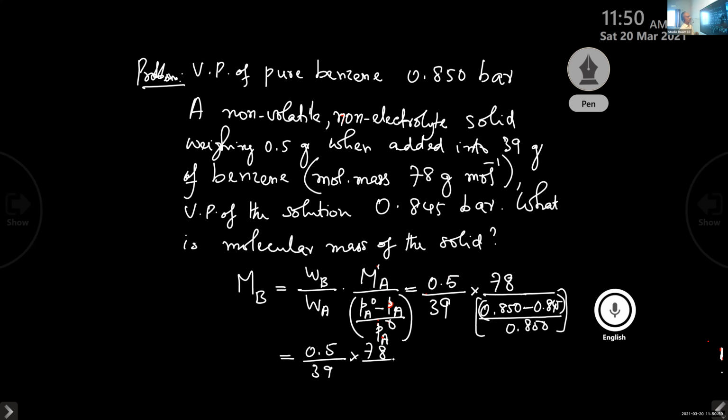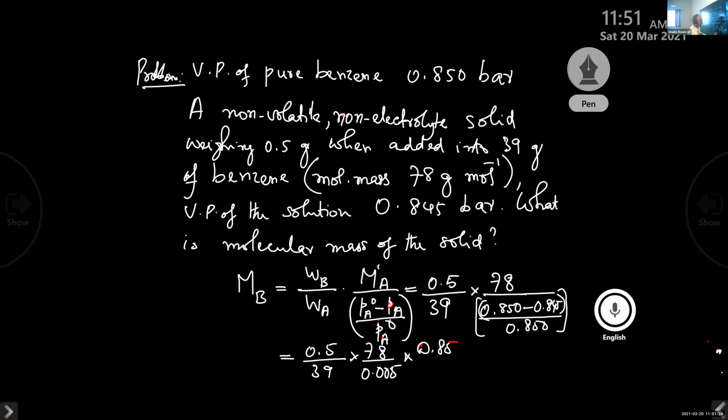The difference is 0.005, into, you can take 0.85 to the numerator, 0.85.